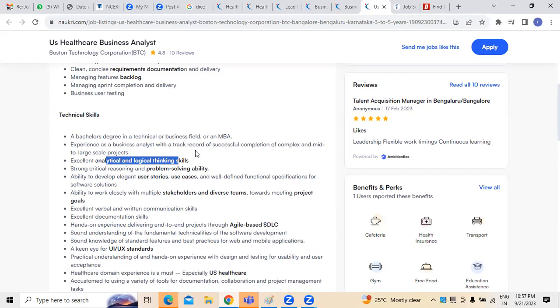Because that job profile completely depends on the organization, which industry they belong to, which domain they belong to, etc. That is their job profile. That job profile will never be common with other job profiles. I will tell you what the common points are for a business analyst, irrespective of the domain, that you must learn.